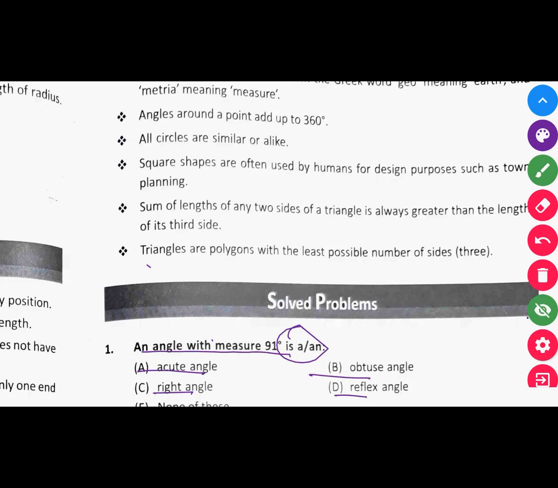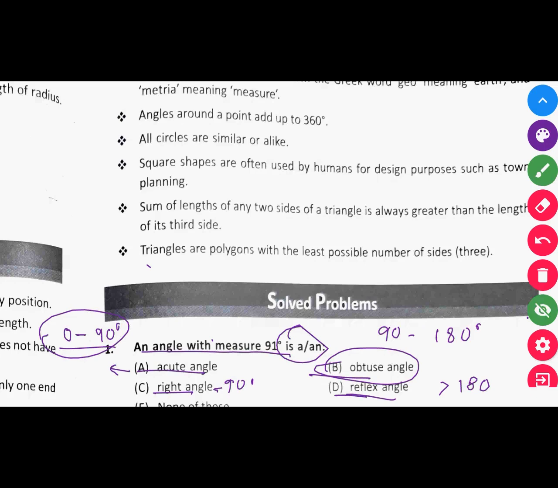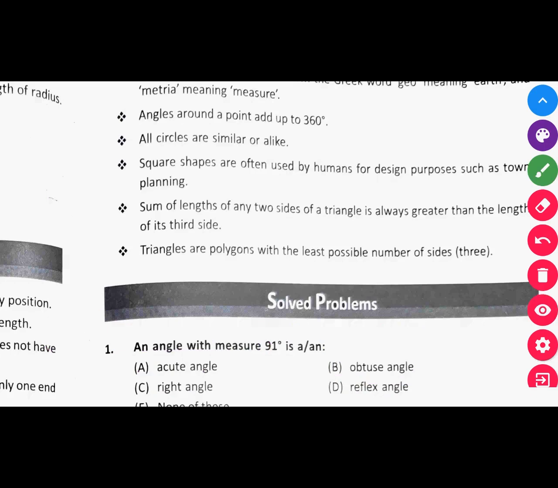So we know the definitions. What is meant by an acute angle? The angle between 0 and 90 degrees is known as an acute angle. An angle between 90 and 180 degrees is known as an obtuse angle. A reflex angle is more than 180, and a right angle is exactly equal to 90 degrees. So here they asked us about a 91 degree angle, so it is an obtuse angle, option B.